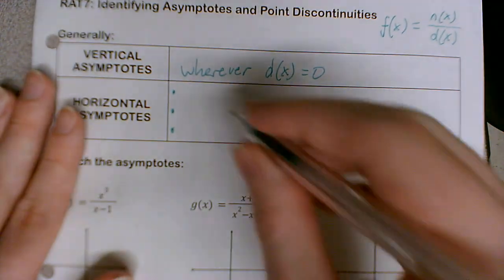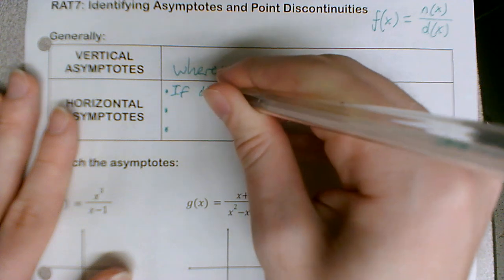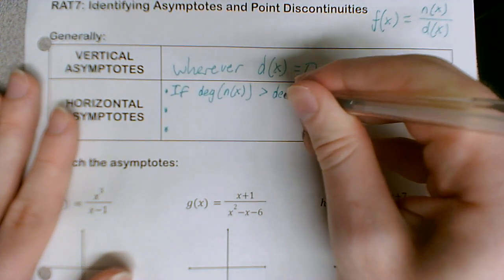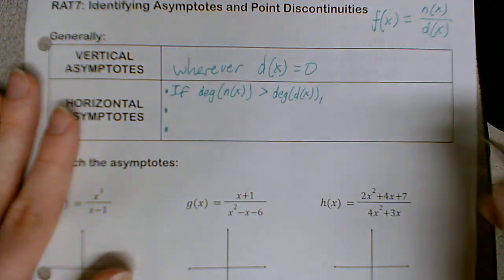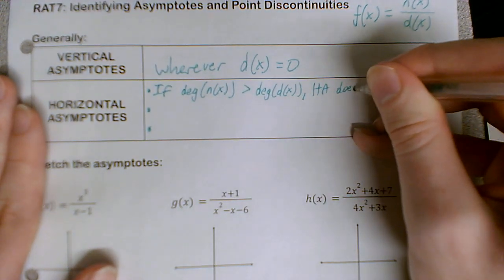Now, this all depends on the degree. So if the degree of the numerator is bigger than the degree of the denominator, then the horizontal asymptote does not exist.